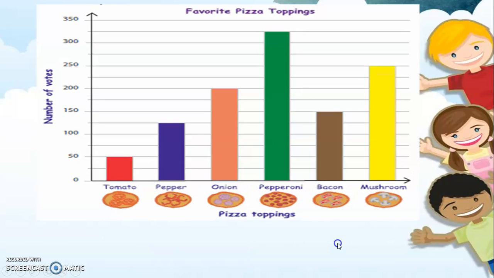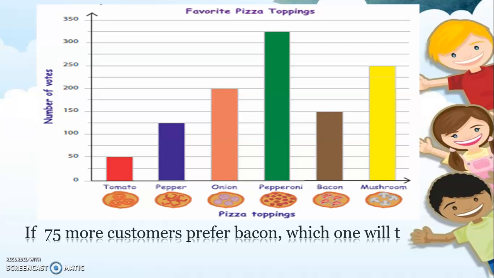Next question. If 75 more customers prefer bacon, which one will be on top of the chart, the bacon or the onion? Let us see the bacon first. Bacon is here, stopping at exactly 150.